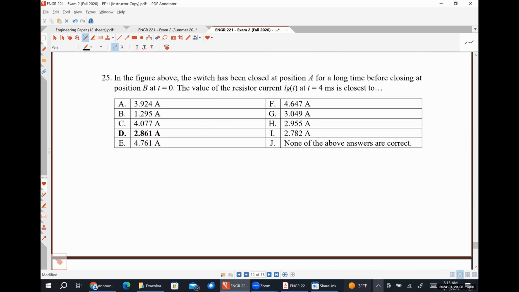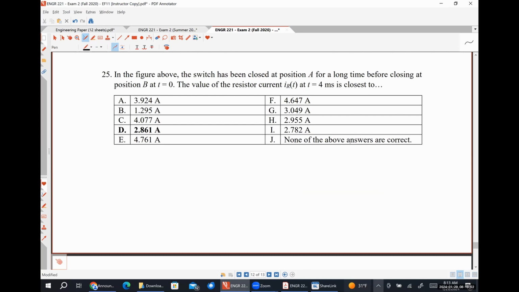So for number 25, we're going to have IR of t equal to IR at 0 plus minus IR at infinity, e to the negative t over tau, plus IR at infinity. Let's substitute things in here.